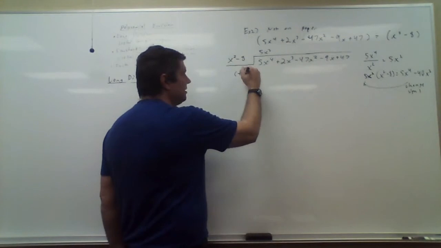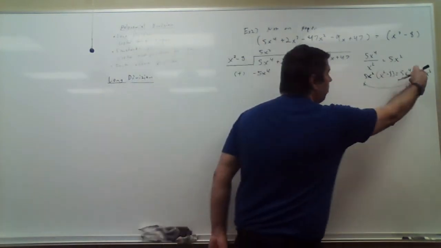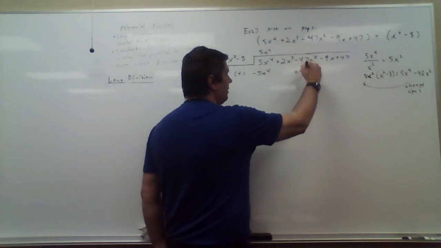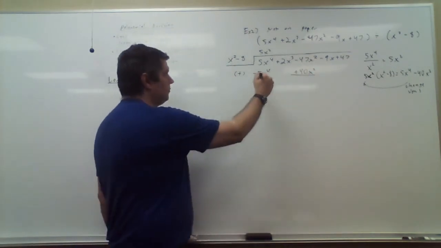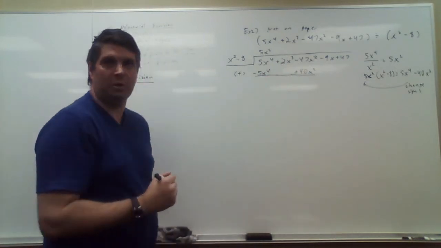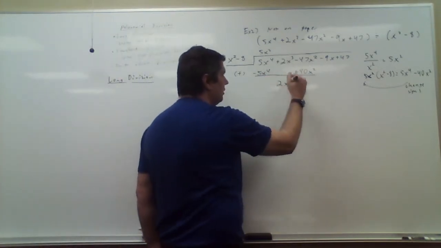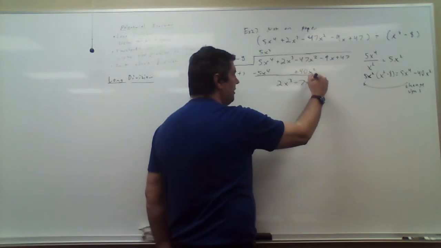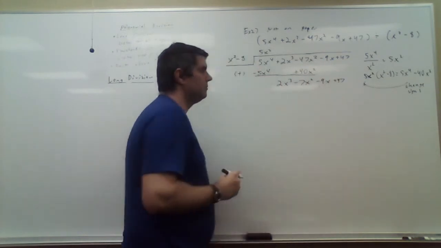So plus negative 5x to the fourth plus 40x squared. The first term cancels, which is what it's supposed to do. So we will have 2x cubed minus 7x squared minus 9x plus 47.